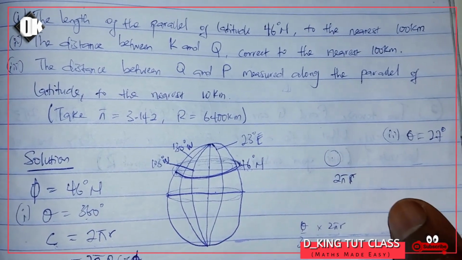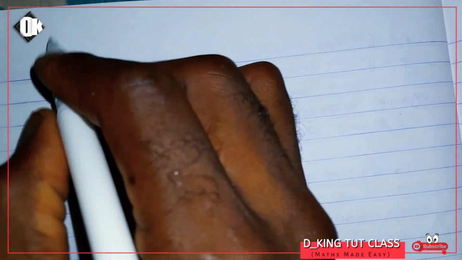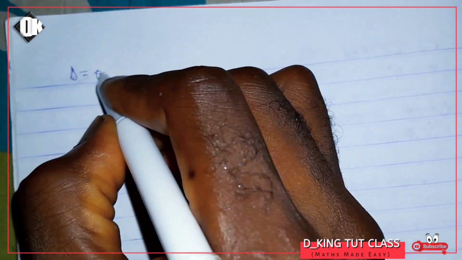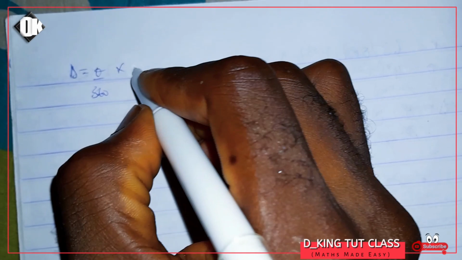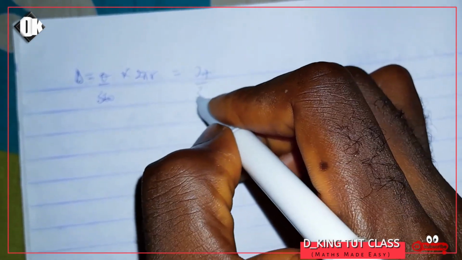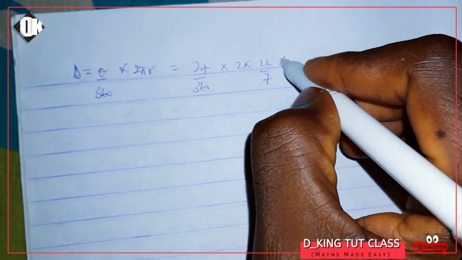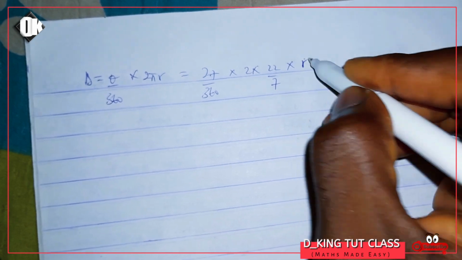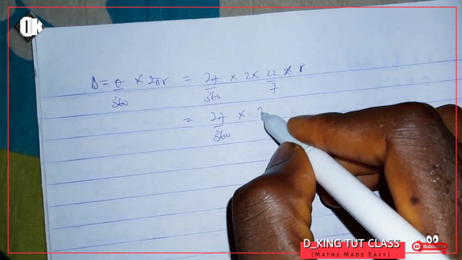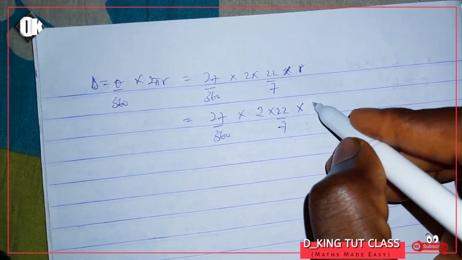So let's use our formula and solve to get our distance. We have distance equals theta over 360 times 2 pi r, which is 27 over 360 times 2 times 22 over 7 times small r, which is 27 over 360 times 2 times 22 over 7 times big R cos theta.